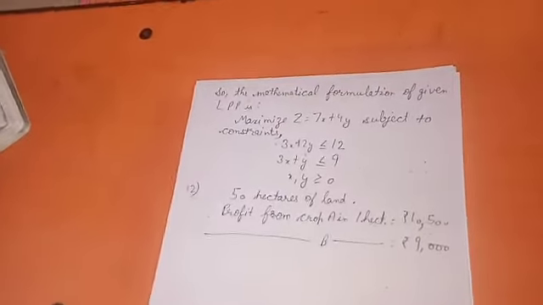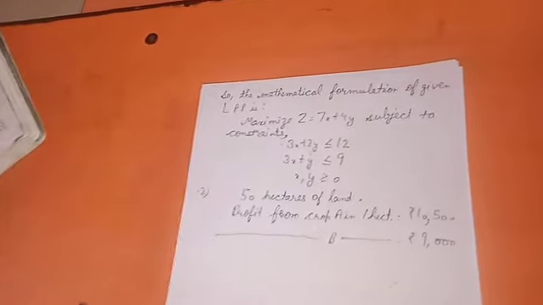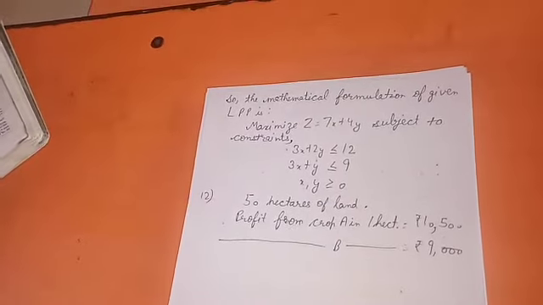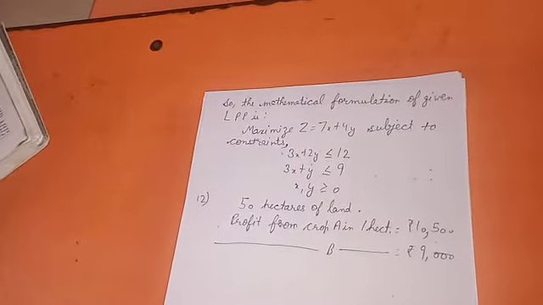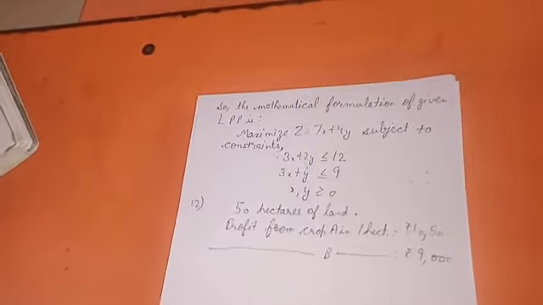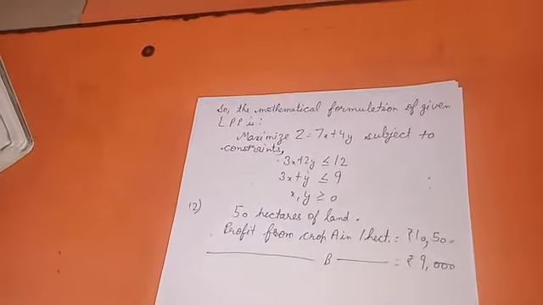Then they are saying to control weeds, a liquid herbicide has to be used for crops A and crop B at a rate of 20 liters and 10 liters per hectare.